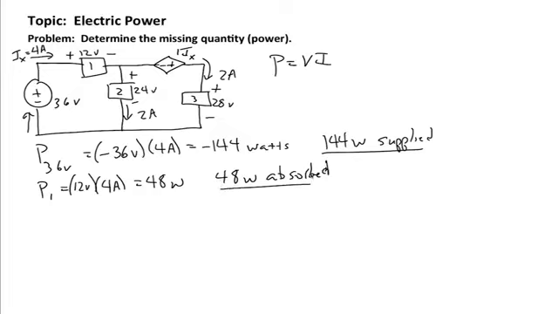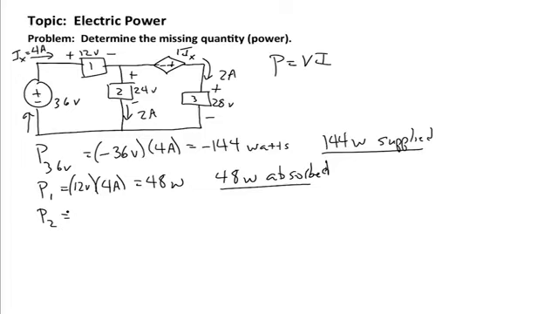by element 1. If we do the same thing for element 2, looking in the center of the circuit, we see that there's 24 volts plus to minus top to bottom across element 2. We also see that we have 2 amps positive flowing down through element 2. The 2 amps would encounter the positive polarity of the 24 volts dropped across element 2.